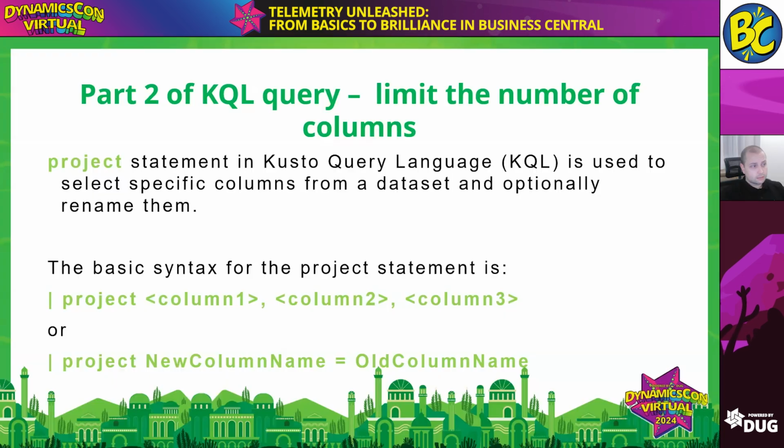Its basic syntax is with the keyword highlighted green, project. Then you define the columns. And if you want to rename some of the columns, you put the new column name on the left side, then equals the old column name. And then you will have the new column name, which can be used further on.